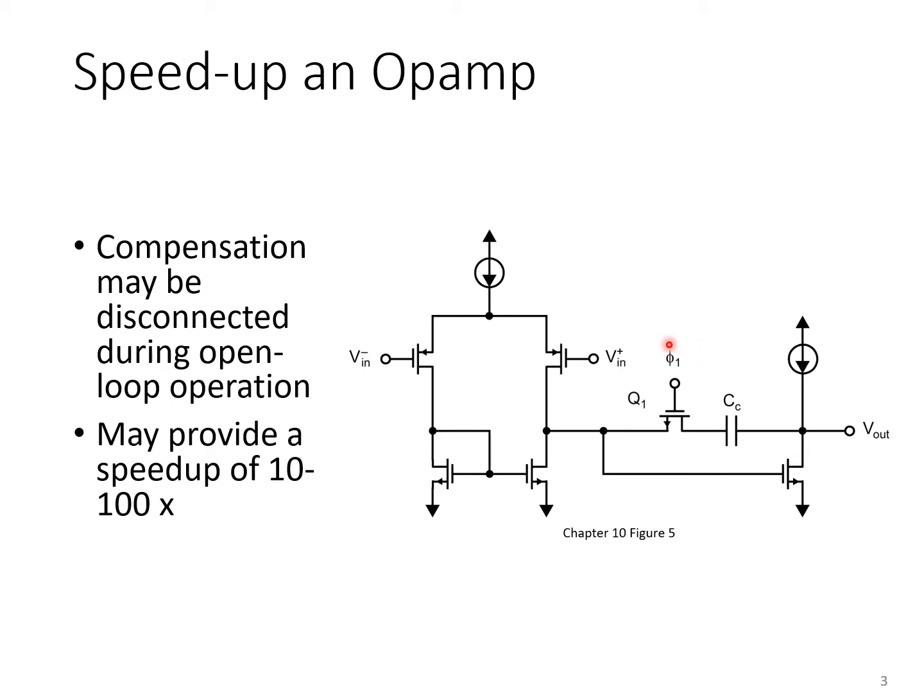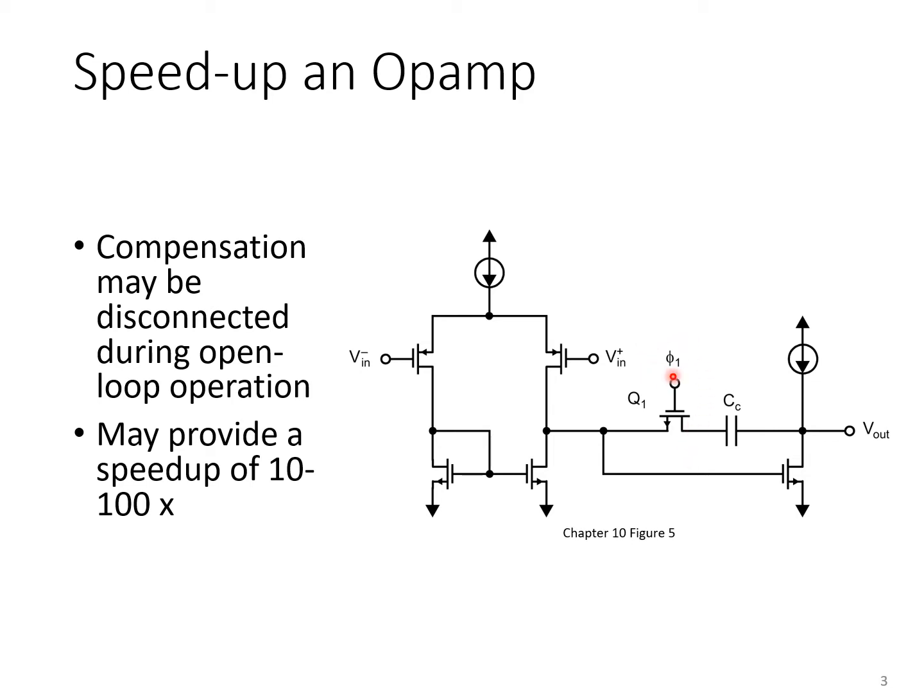So a clock signal, phi1, can be applied to the gate of transistor Q1. This would periodically disconnect the compensation network, turning off Q1. Doing so would increase the dominant pole frequency associated with this node and would allow the op-amp output to settle much more quickly. Now you might have to turn the transistor Q1 back on periodically to reestablish a reasonable operating point.